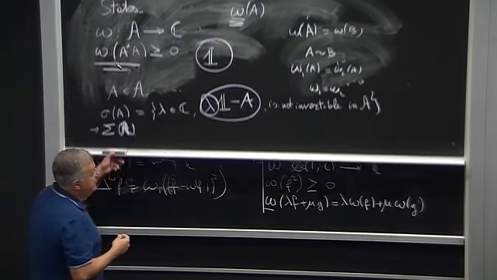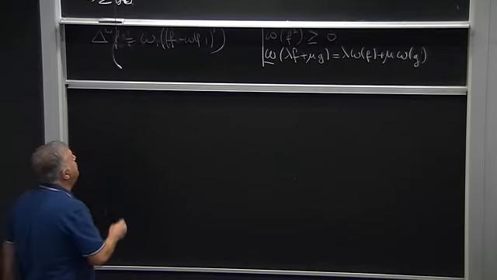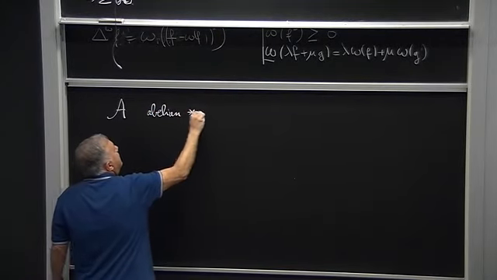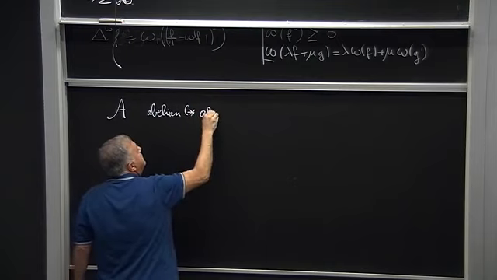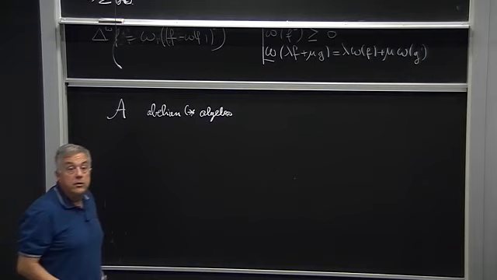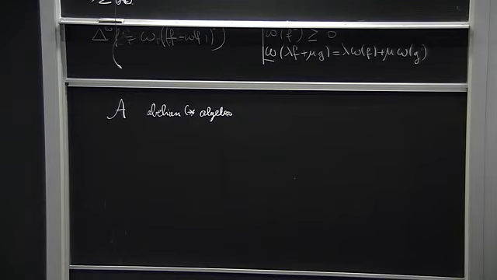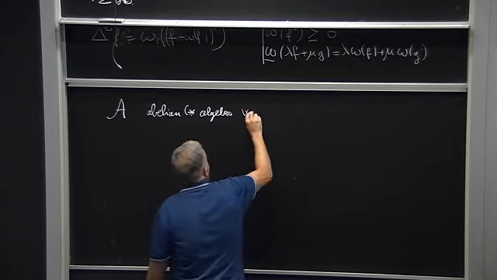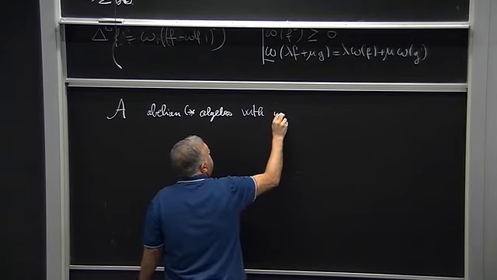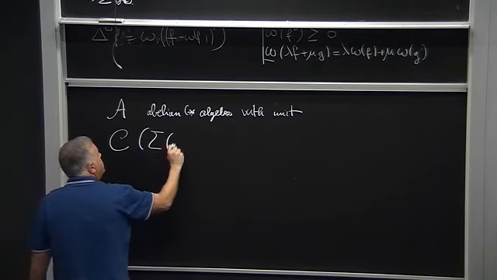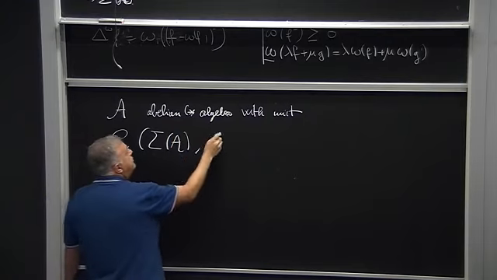And so what the theorem of Gelfand says is that if you have a unital abelian C-star algebra, it is isometrically isomorphic to the space of continuous functions from the spectrum of the algebra into the complex numbers.